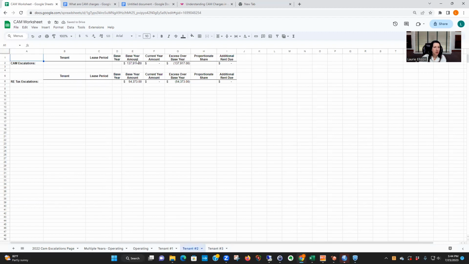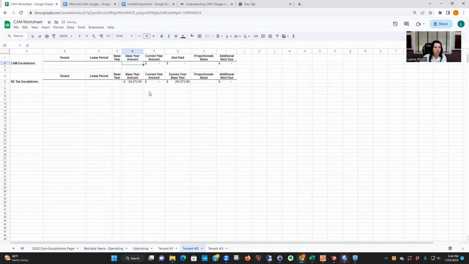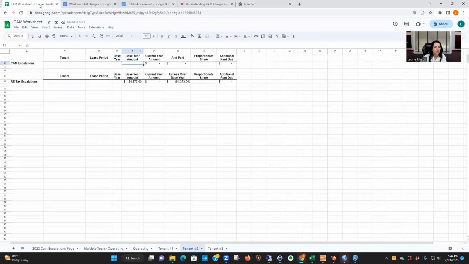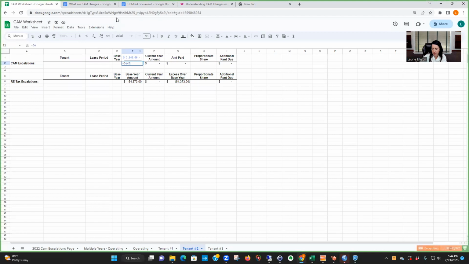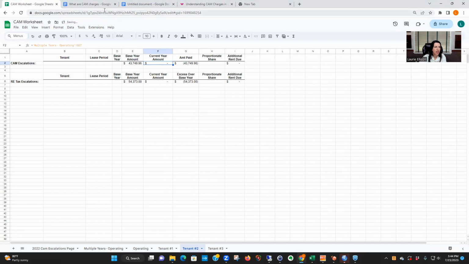Now, another thing you could do, even if you didn't want to do this, is you could say current year amount and then amount paid, right? Like if it was different and they actually were paying the higher ones every time. So from my little Word doc here, I said that their estimated CAM was 3645.83 times 12. And what did I say?